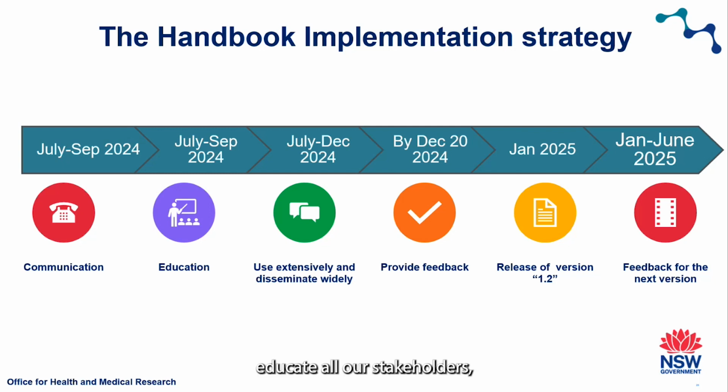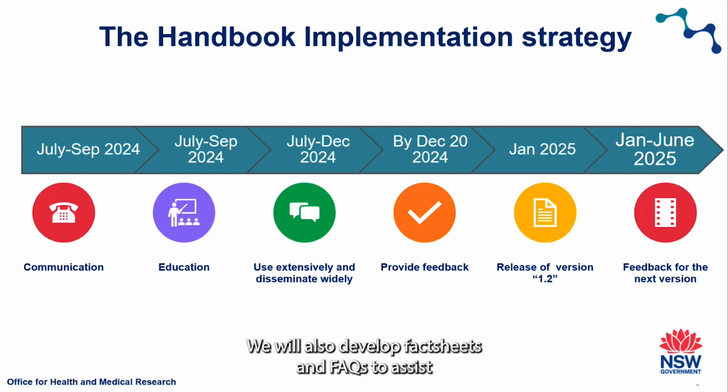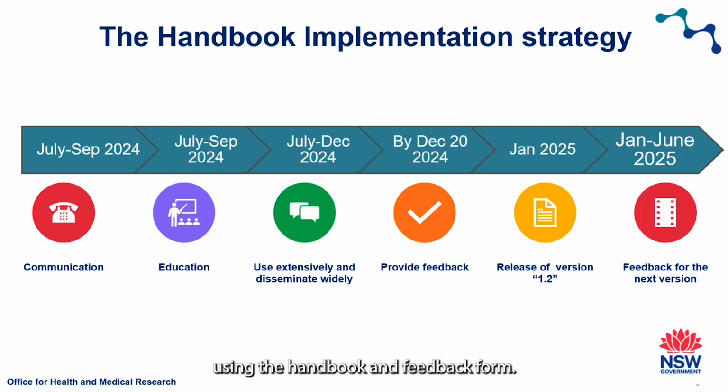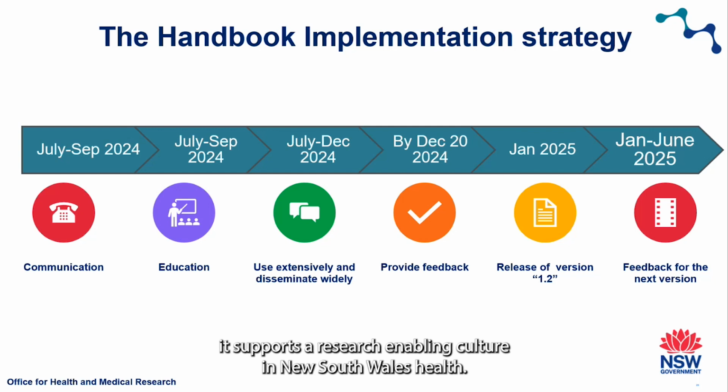We will educate all our stakeholders to facilitate a smooth introduction to the handbook. We will organize formal webinars like today for all our research staff. We will also develop fact sheets and FAQs to assist using the handbook and feedback form. We are collecting feedback over the next 6 to 12 months to enhance the handbook and ensure it supports a research enabling culture in New South Wales Health.